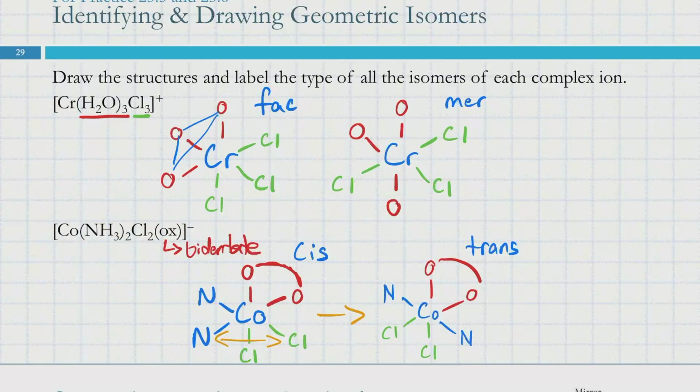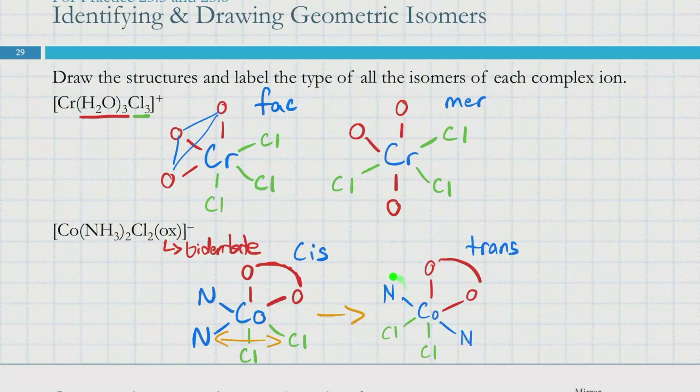Are there any other isomers we can draw? Do you get Cl and NCl? Or no? I'm not sure exactly what you said, but the answer is yes. There's another one that we can draw.